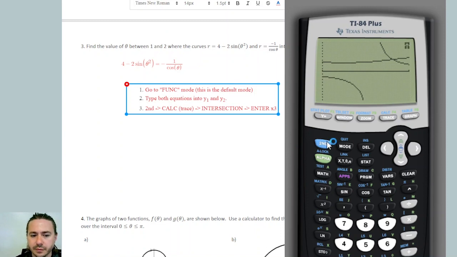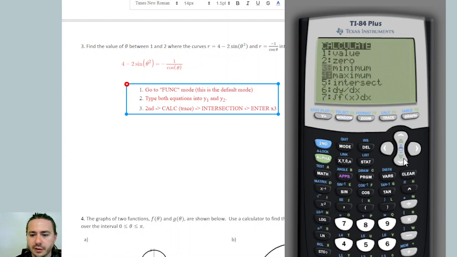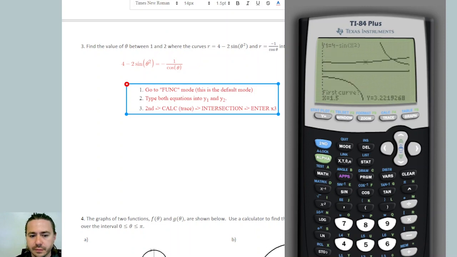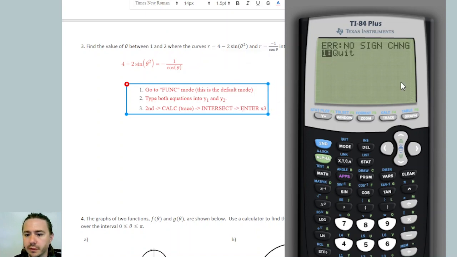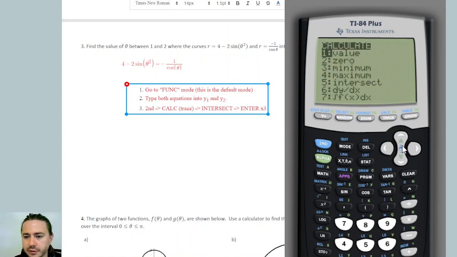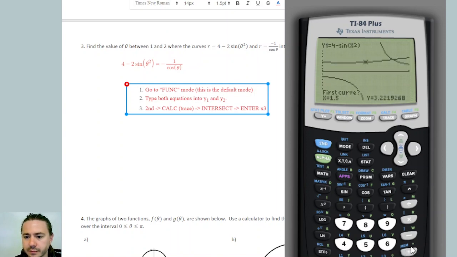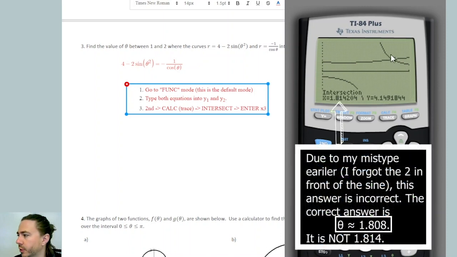So second, calc, go down to intersection, and then just hit enter 3 times. 1, 2, 3. No sign change. Let's try that again. Let's make sure we're over here. There we go. Okay, yeah, you might need to make sure that you're on this curve over here.